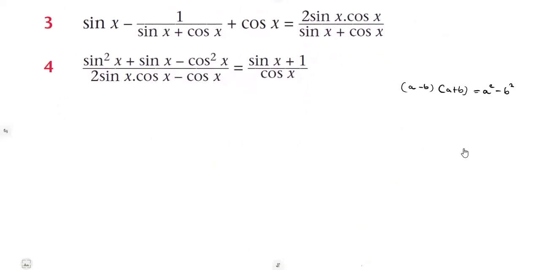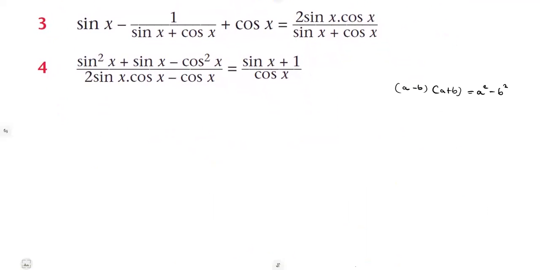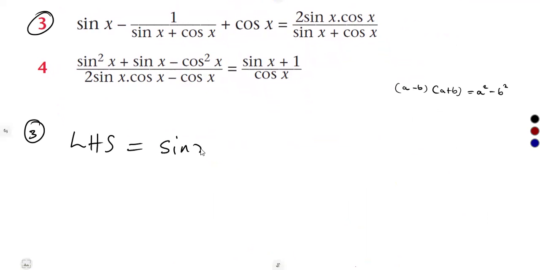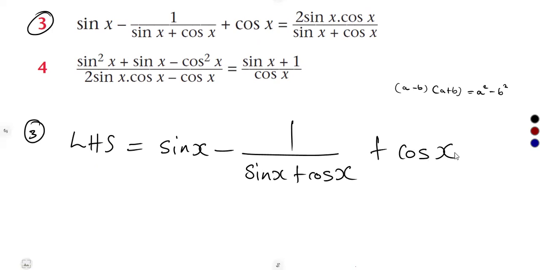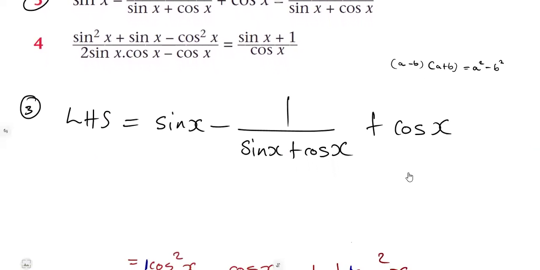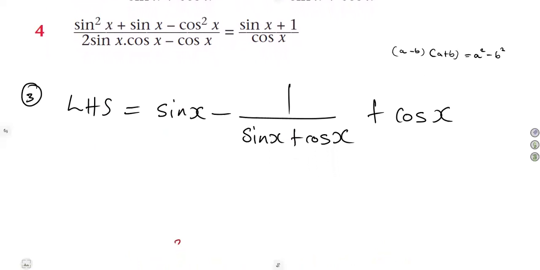All right. Number 3, we can see also the left-hand side is complicated, so let's work with the left-hand side. The left-hand side is sine of X minus 1 over what? The sine of X plus cos X. All right, that's an interesting question, this one, plus the cos of X. So as we can see, guys, it will be like there's nothing that we can do in our simplification.